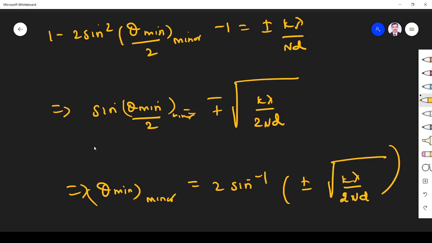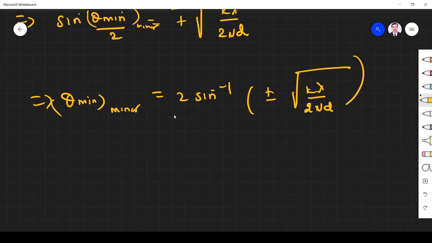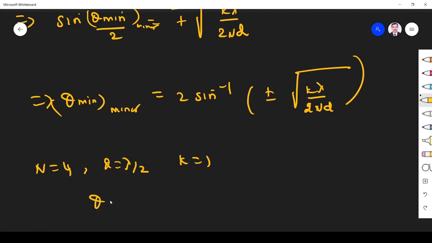So you see here, as usual, we take 4 elements, n is equal to 4, separated by distance lambda by 2. For k is equal to 1, the first minor lobe minimum occurs at 2 sine inverse. Substitute all the values here: k value 1, lambda, n value, everything. If we substitute, what you get is plus or minus 1 by 2, that is equal to plus or minus 60.